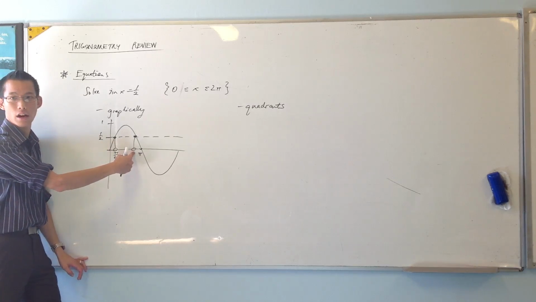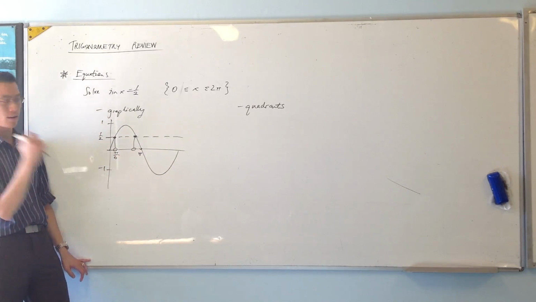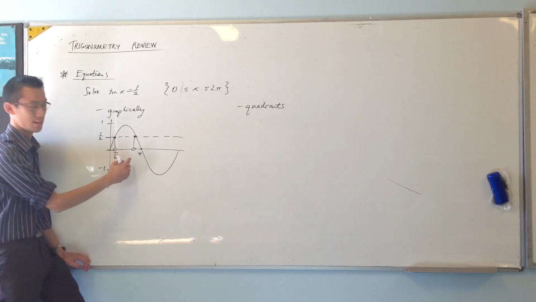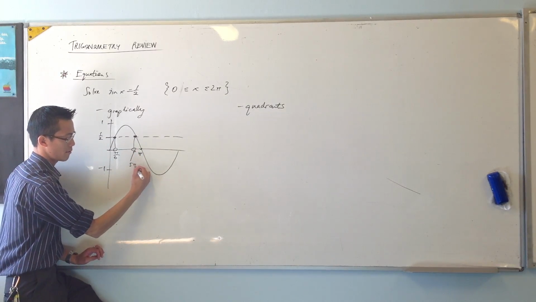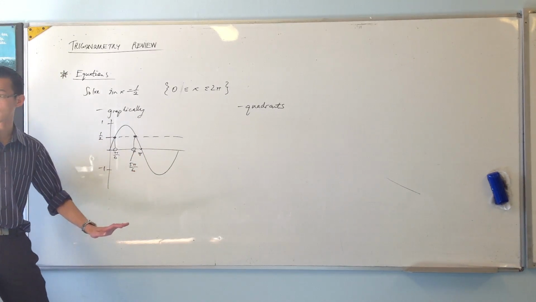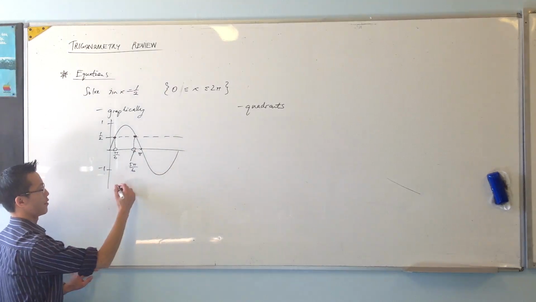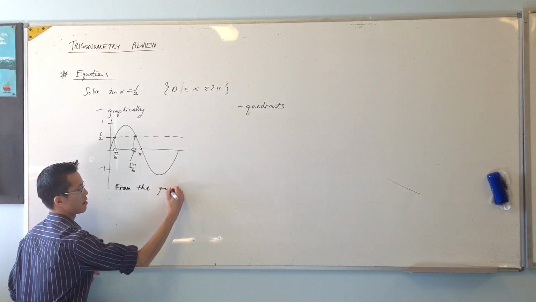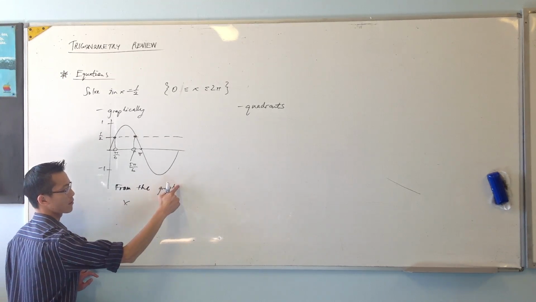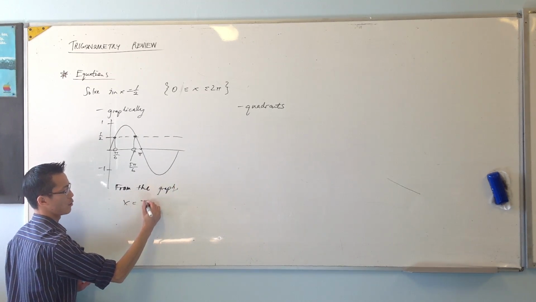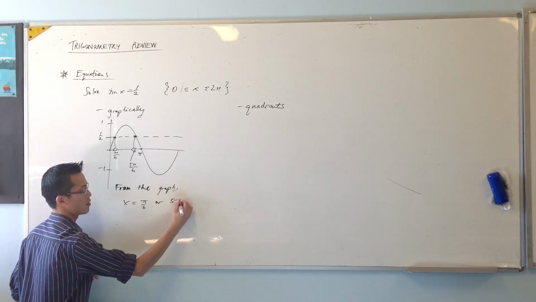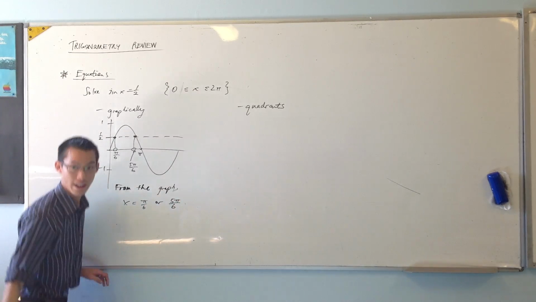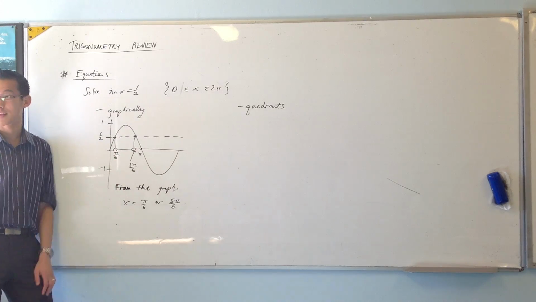So to get this solution, I'll have to go pi on 6 the other way. So pi minus pi on 6 gives you my solution. So I can say, on the graph, x is equal to pi on 6 or 5 pi on 6. It's not 'and' because it can't be both at the same time.